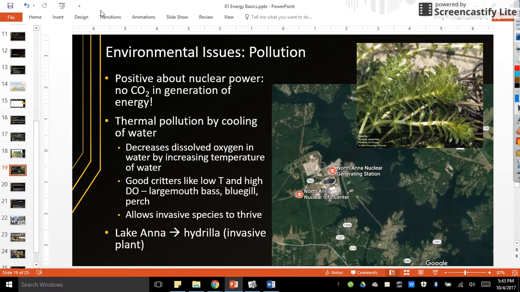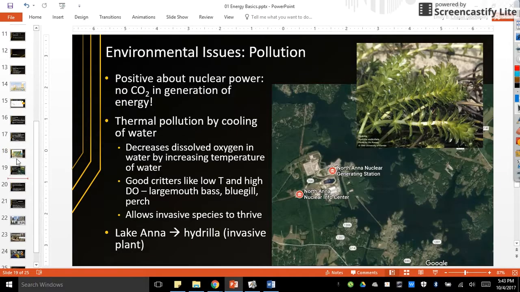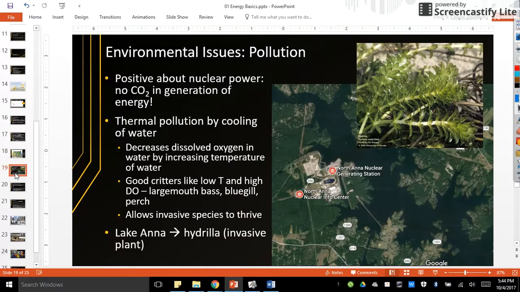Now, when I say that, there is carbon dioxide generation in the transfer of fuel rods from the mine to the enrichment place to the reactor. So we do use trucks to get from point A to point B to point C. But when we are just creating our energy here, there is absolutely no carbon dioxide released into the air. It's only water vapor.